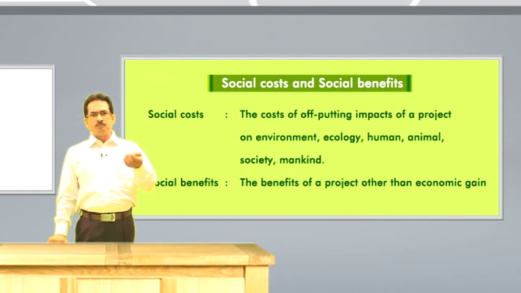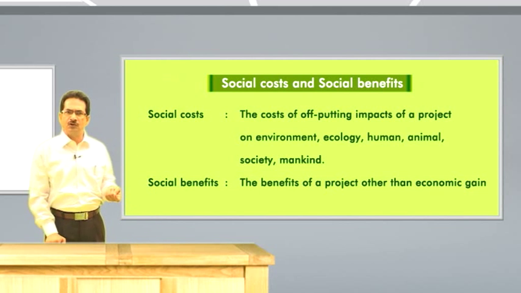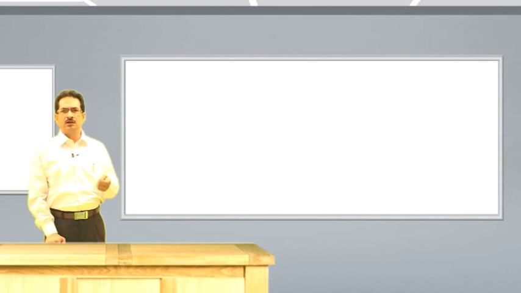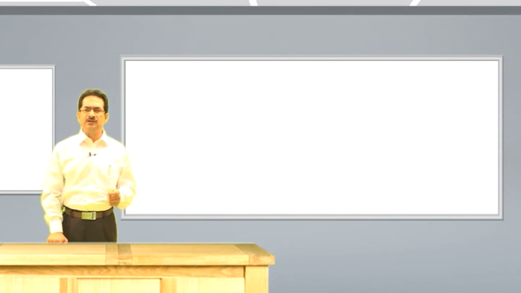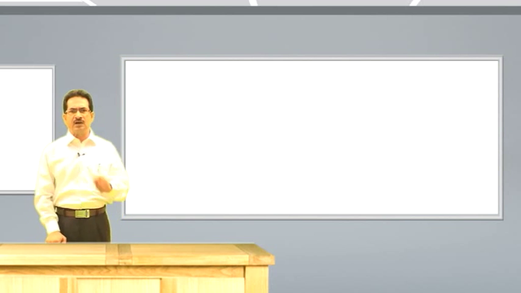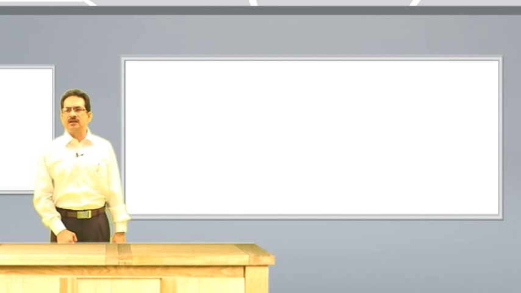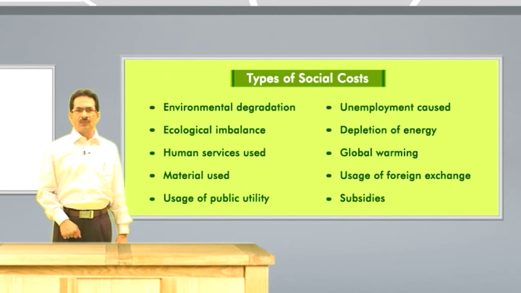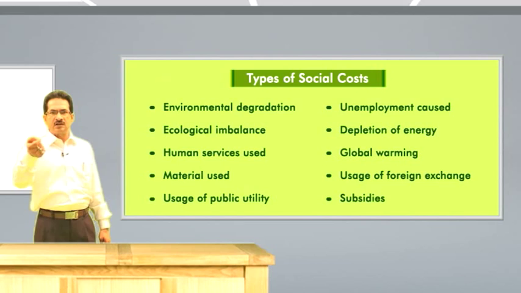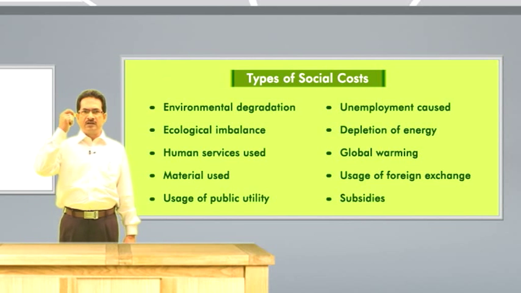Now there are several types of social cost, but most common social cost we will discuss here. The first one is environmental degradation. It includes cutting of trees, causing of erosion, creating pollution directly or indirectly.